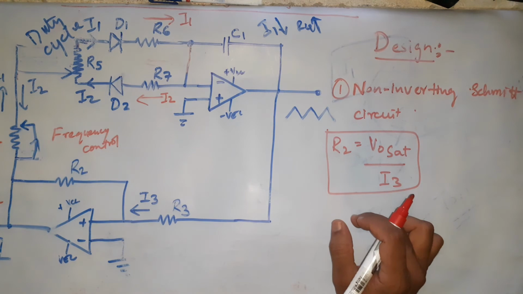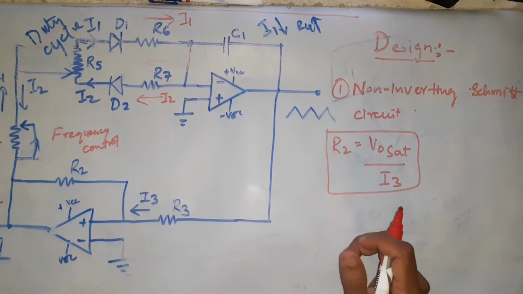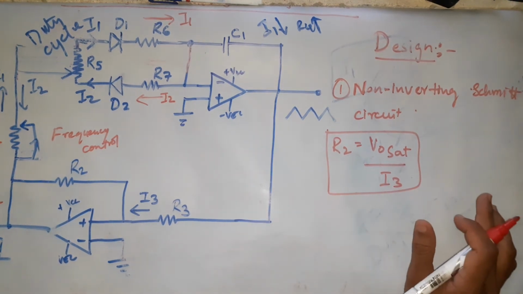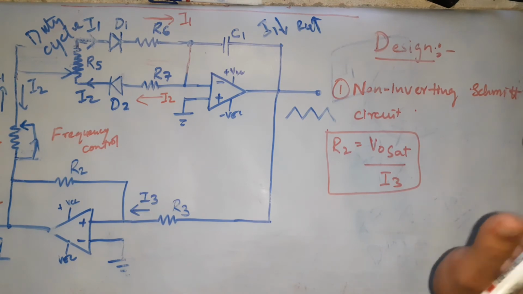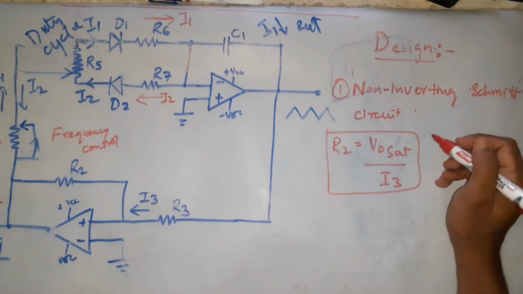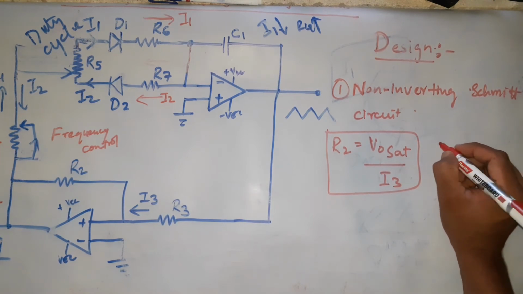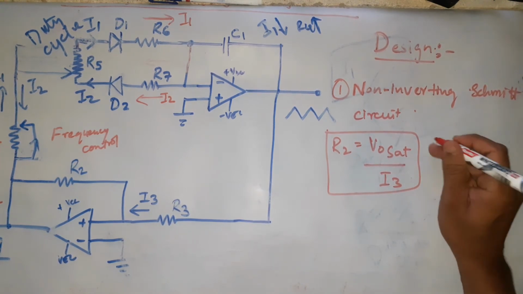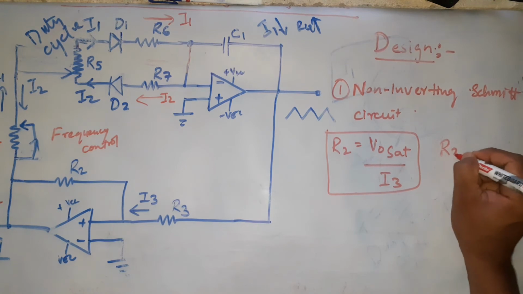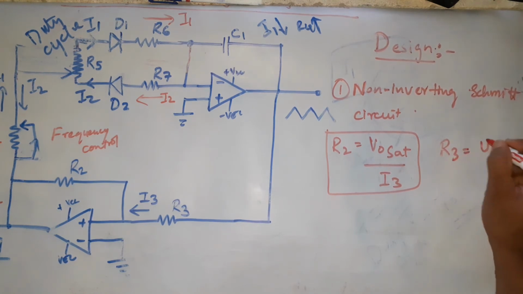Module 3 second part is all about Schmitt triggers. There you will understand how Schmitt triggers work and how you get these equations. So for time being, just take down these equations. So this is your R2. So R3 will be UTP divided by I3.